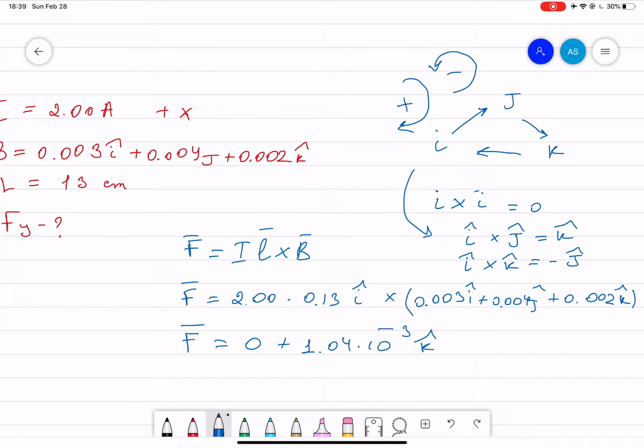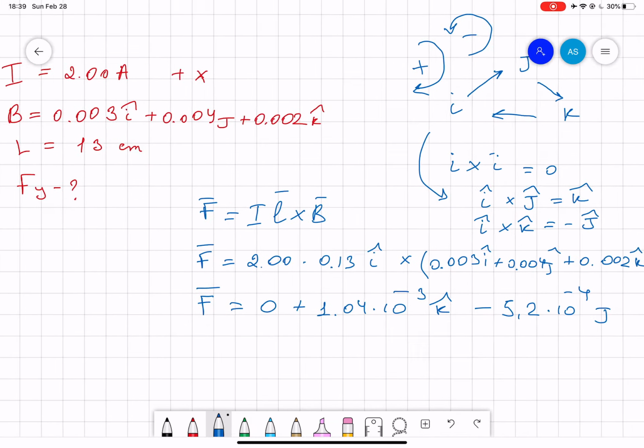Then i times k will give you a negative j vector, right? So it means negative 0.26 multiplied by 0.002. So that gave us 5.2 times 10 to the power of minus 4 j vector.